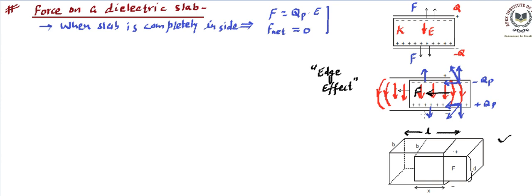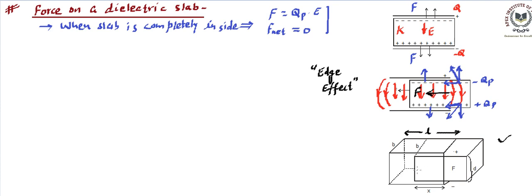In order to find it out, let's say this is X amount of the slab which has gone inside. So this picture we can draw in the form of a capacitor. We can write the capacitance of this particular instance, because we know the capacitance depends on the amount of dielectric material filled inside.